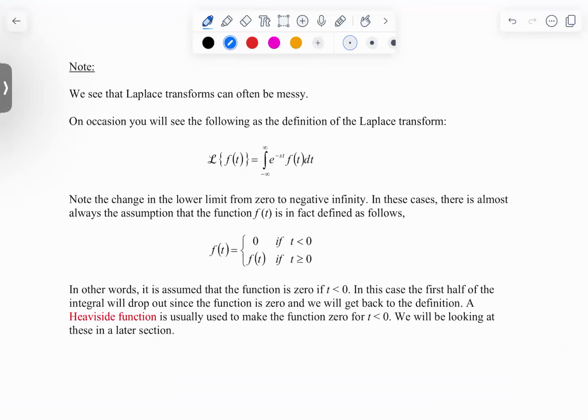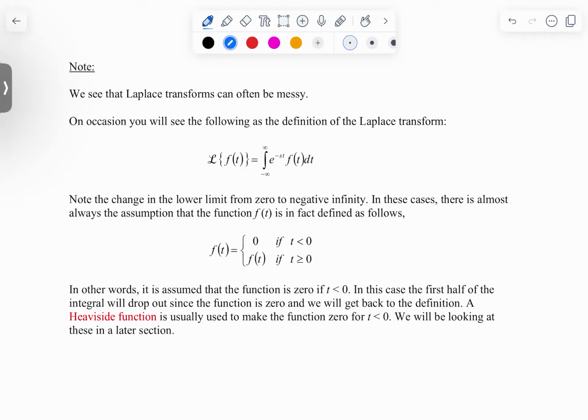So Laplace transforms are going to be messy, and be aware occasionally you will see the full definition of a Laplace transform, which is negative infinity to positive infinity, the full type 2 improper integral that we discussed, and you would break those into pieces and do each one. But most of the time with Laplace transforms, we essentially have a Heaviside function in there or piecewise function, an on-off switch where the function starts at 0.